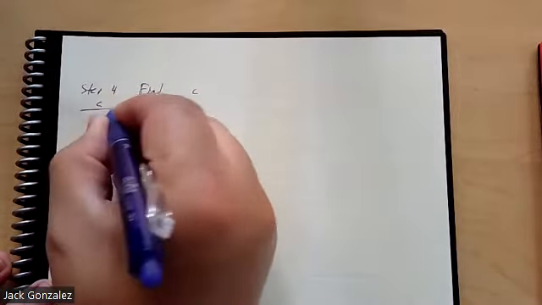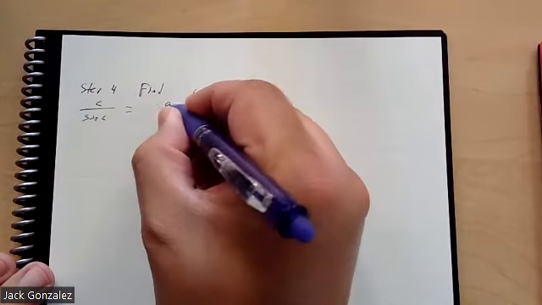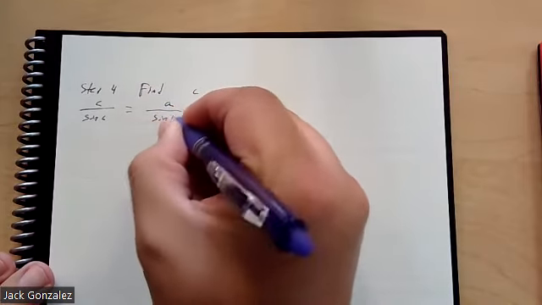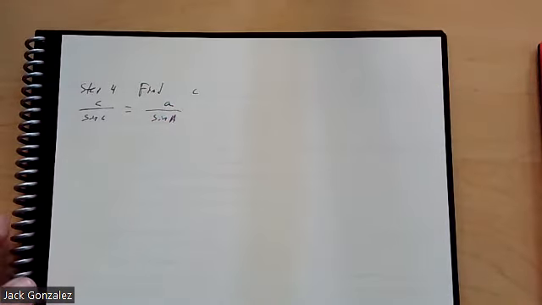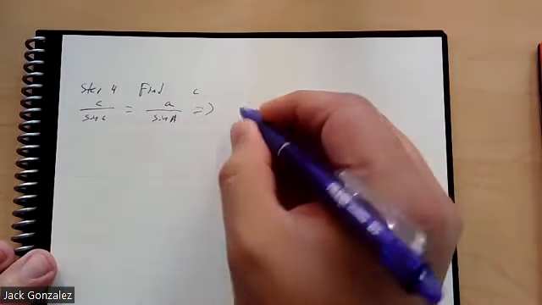Find little c. So start the same way. Little c over sine c equal to the part that had both pairs. So it was the a's. A over sine a. Solve for little c.